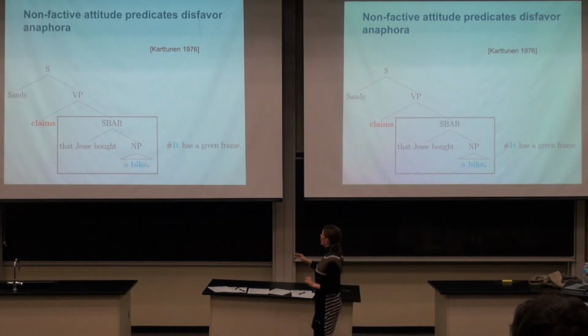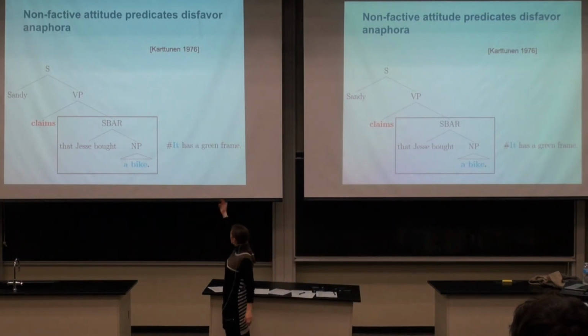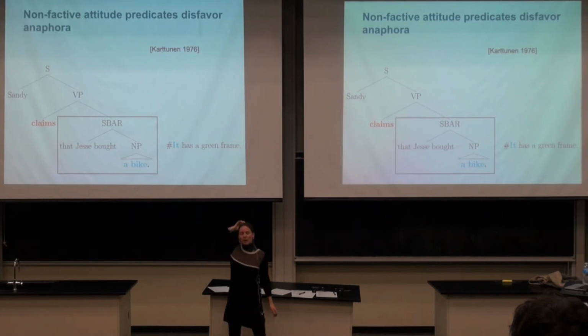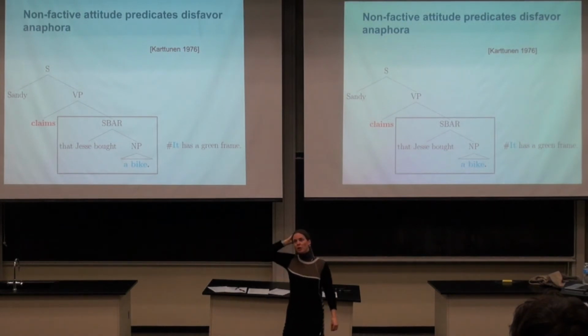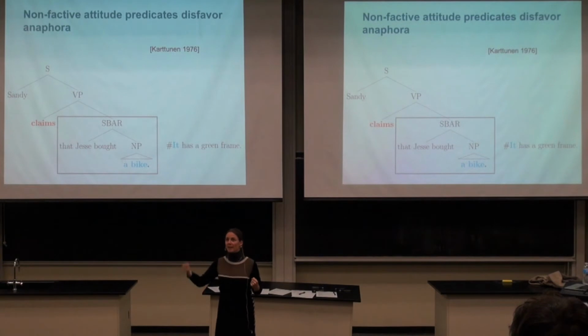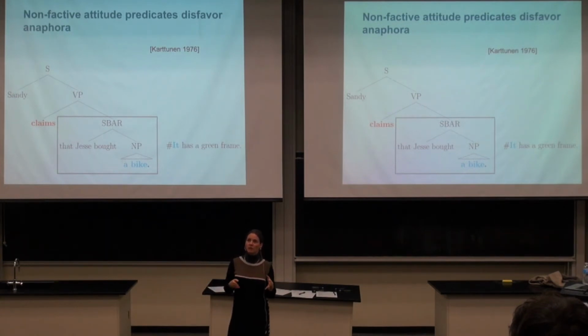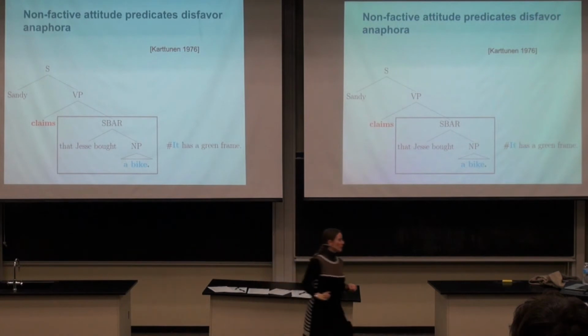Okay, I see your question. Yeah, if you have this, and you would like to corefer it to a bike. But what I'm trying to convey here is the kind of semantic environment that does give some restriction to some entities to be able to be referred back to later, and maybe makes them more like singletons. Okay?